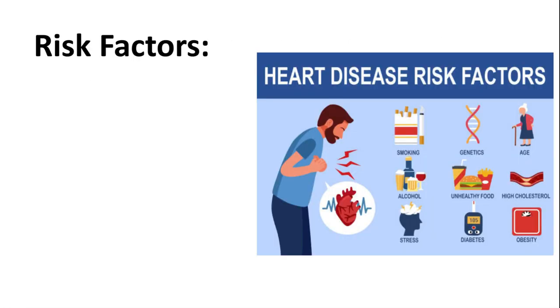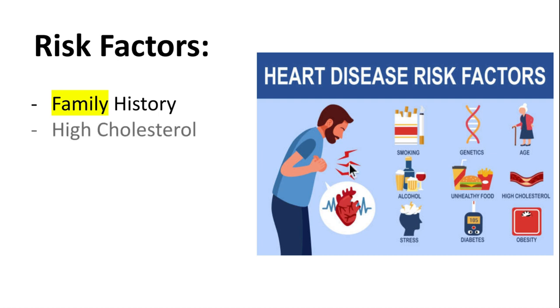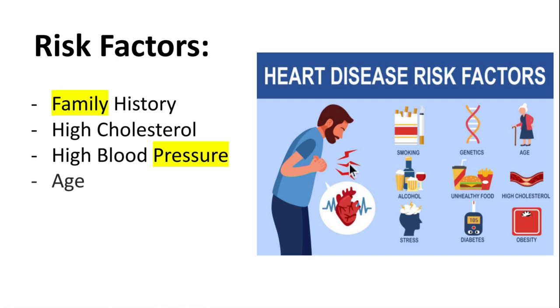So when we look at risk factors, we're going to talk about what would put somebody at risk of having a heart attack. It's a lot of the same ones that we've been talking about with pulse and blood pressure. So things like family history, so genetics. Your genetics can make you more likely to have high cholesterol or high blood pressure. If we take a look, age.